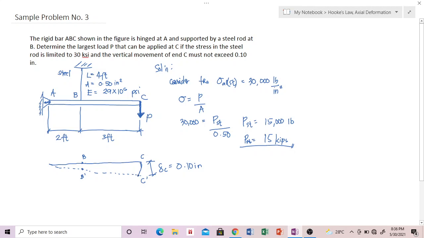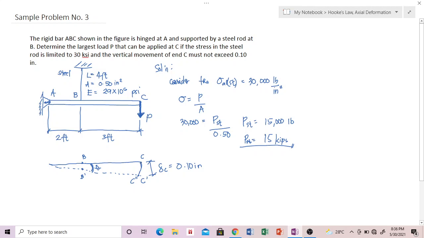But since this angle of tilt, or the angle of rotation, is very small, it is assumed that C to C, let's call it C double prime, is an arc.